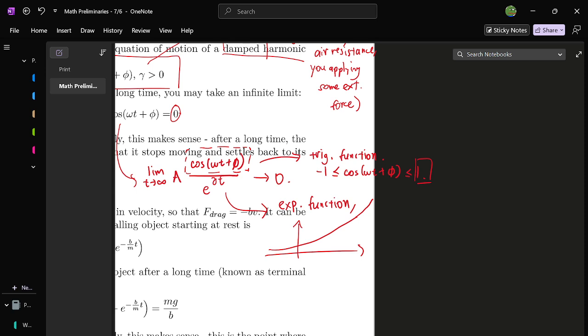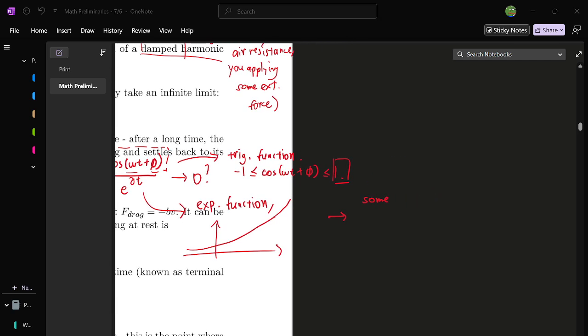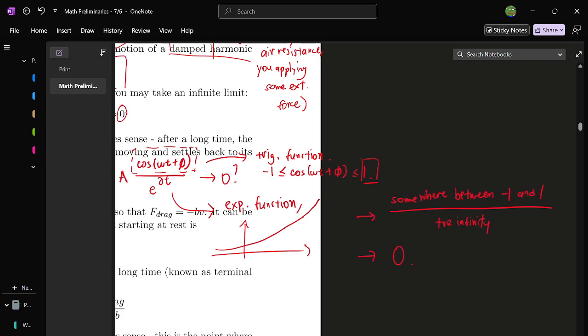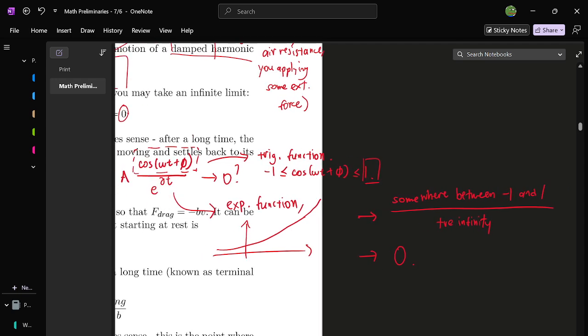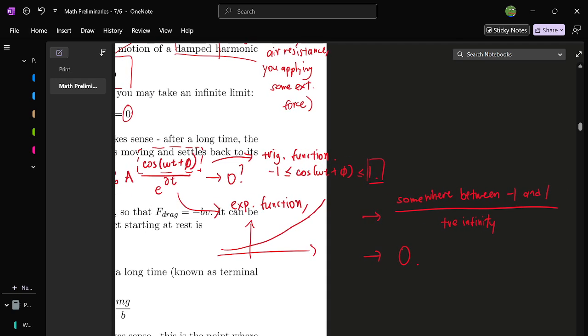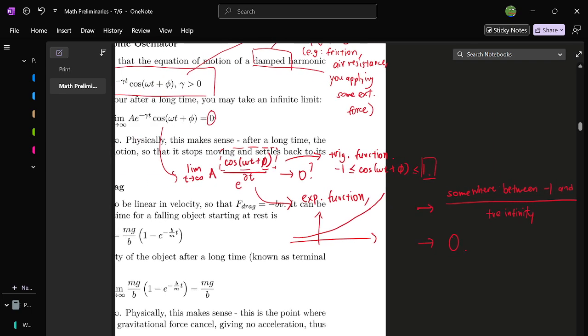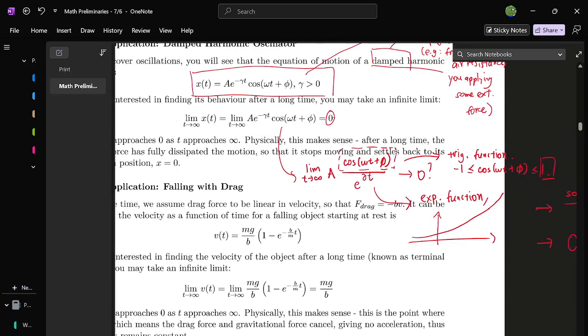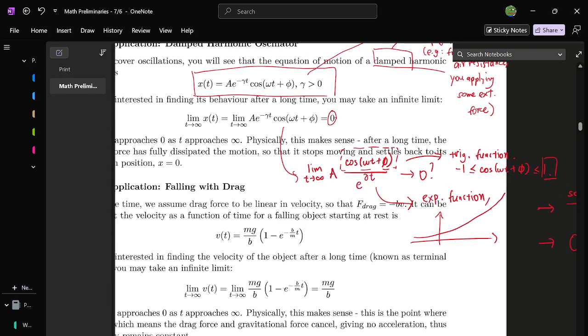So you end up with something between -1 and 1 over positive infinity. And this gives you 0, because your denominator goes very large but your numerator is bounded. That is how you get to the conclusion that this limit equals 0.